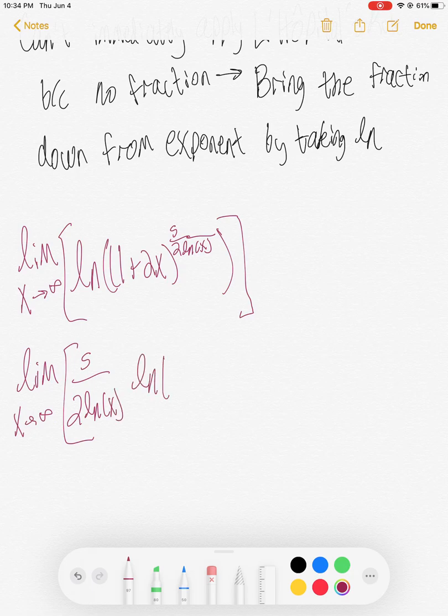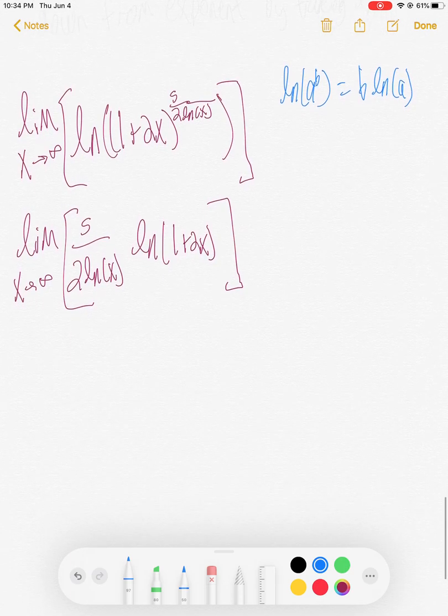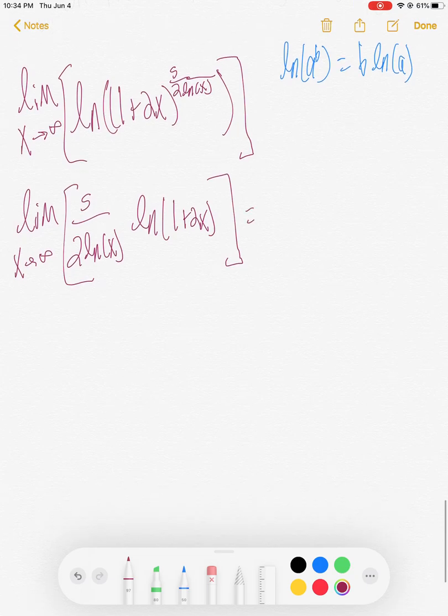Okay, so what I can do now is write the limit as x approaches infinity, and with another natural log trick, I can bring this exponent down so that I have this. The rule that I'm using here is that ln of a to the b equals b times ln of a.